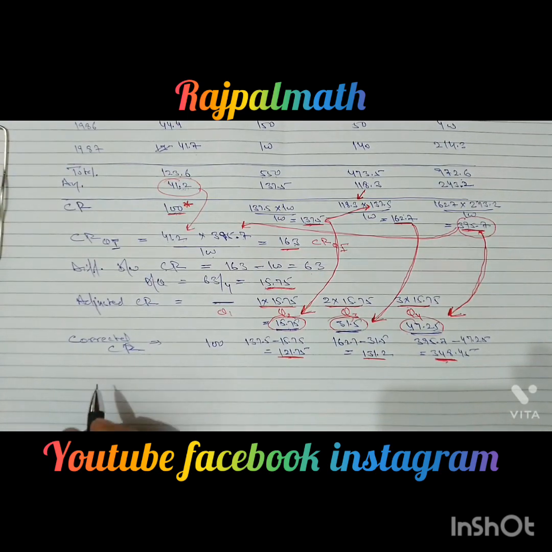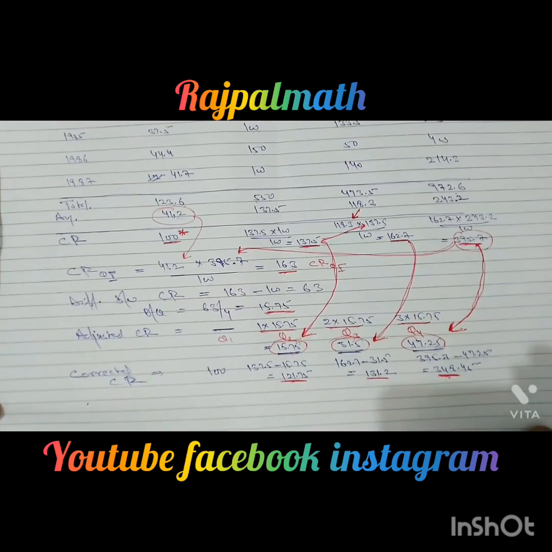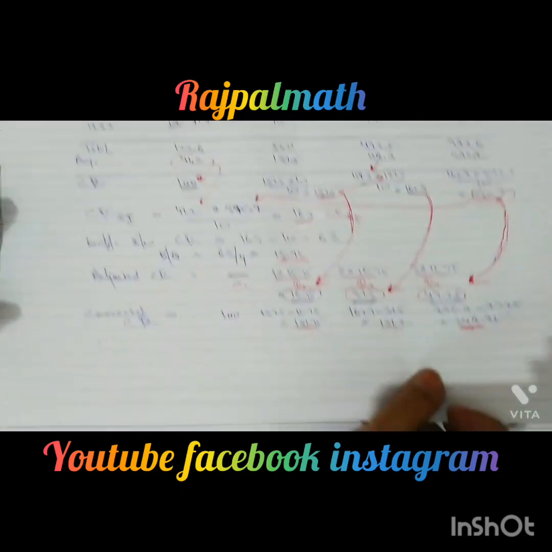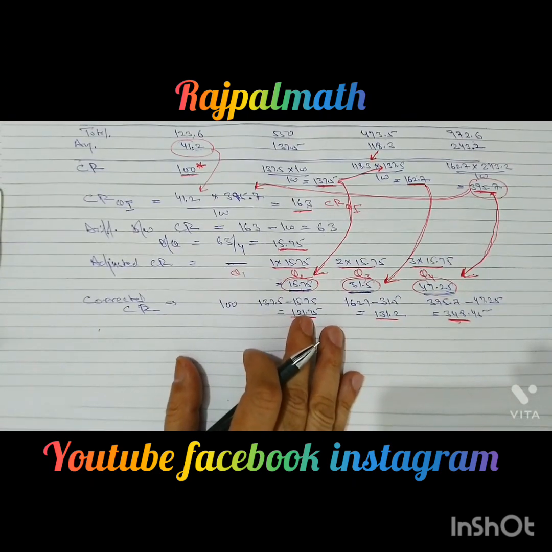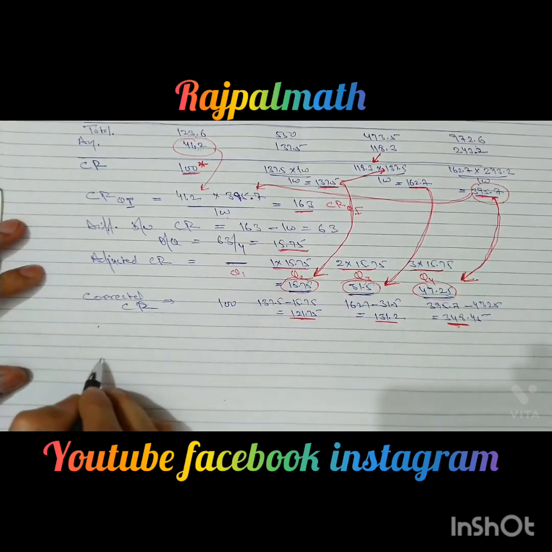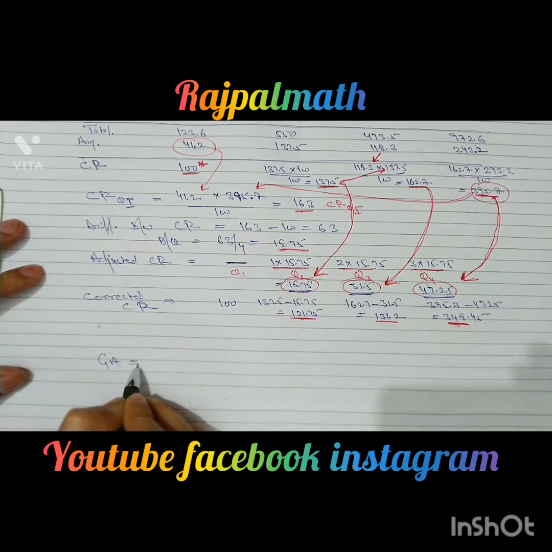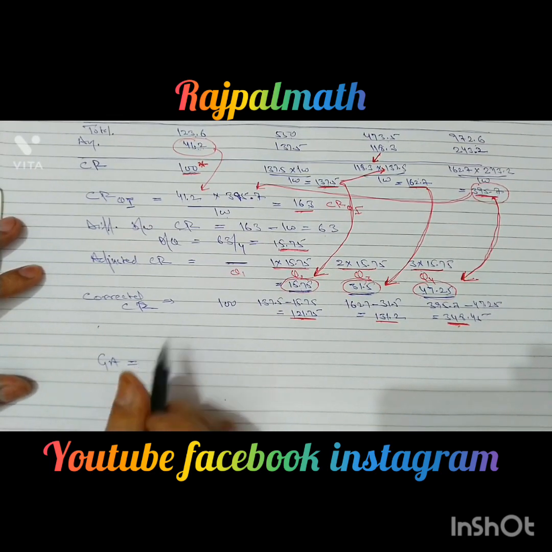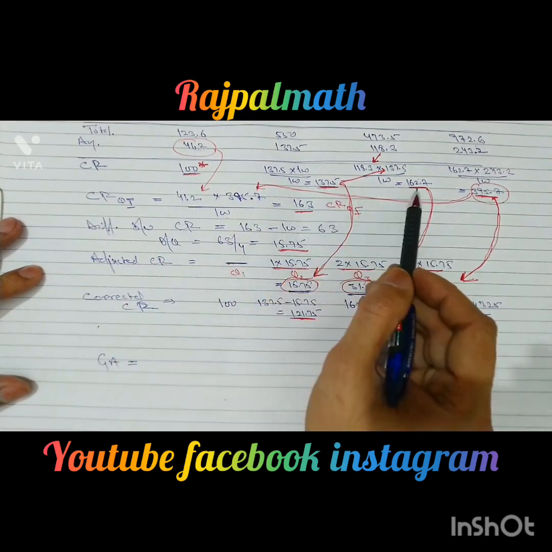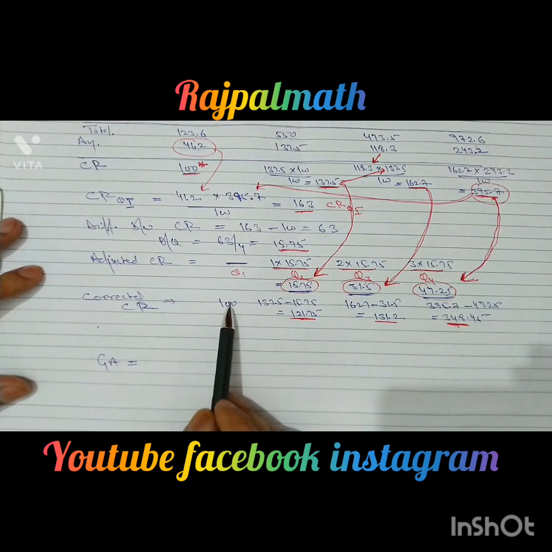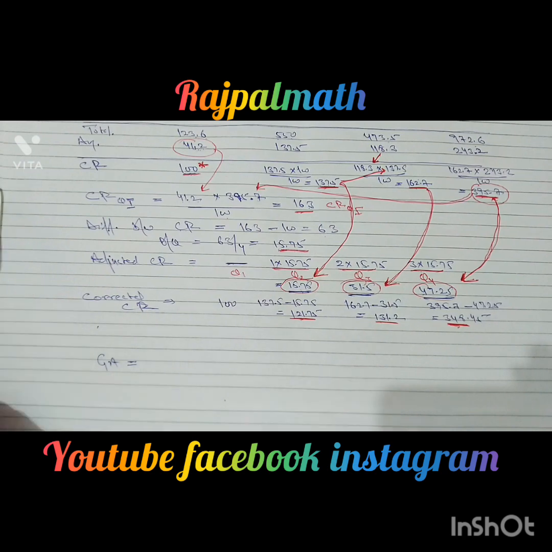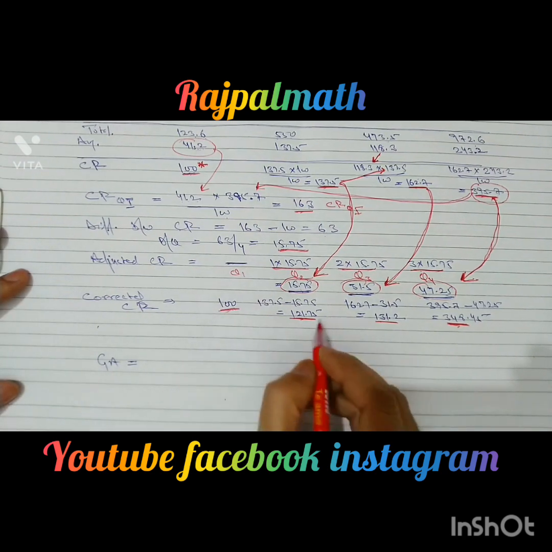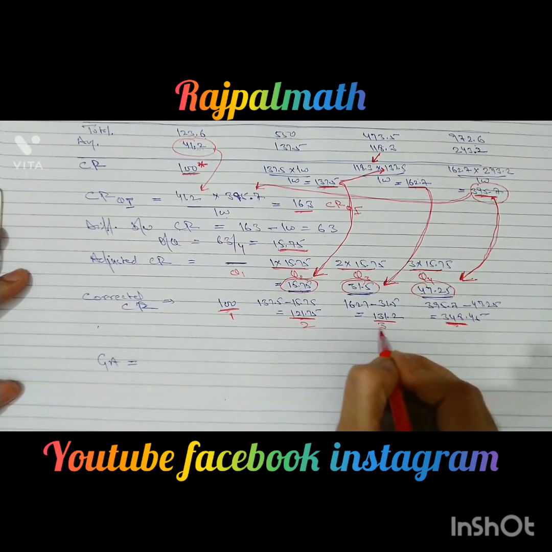Now find the seasonal index. To find the seasonal index, from these values, first find the grand average. The grand average is the average of the averages, meaning 100 plus 121.75, first value, second value, third value, fourth value.